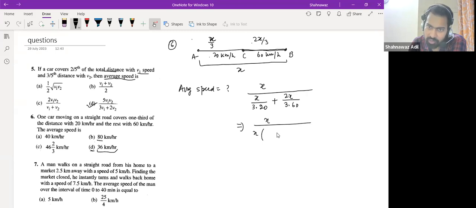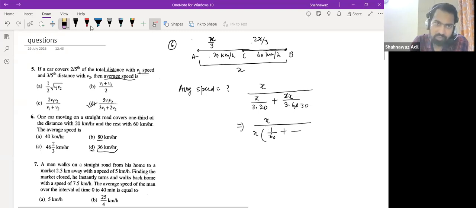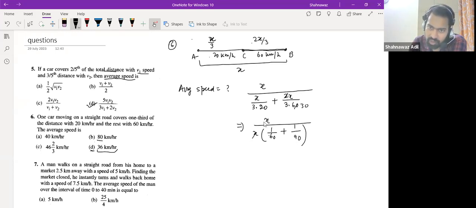This is 1 by 60, and 2 by 180, which cancels to 1 by 90, right? So X cancels and we have 1 by the LCM of 60 and 90.